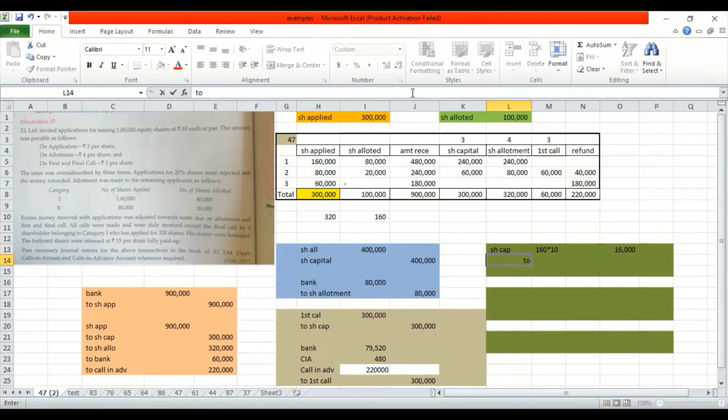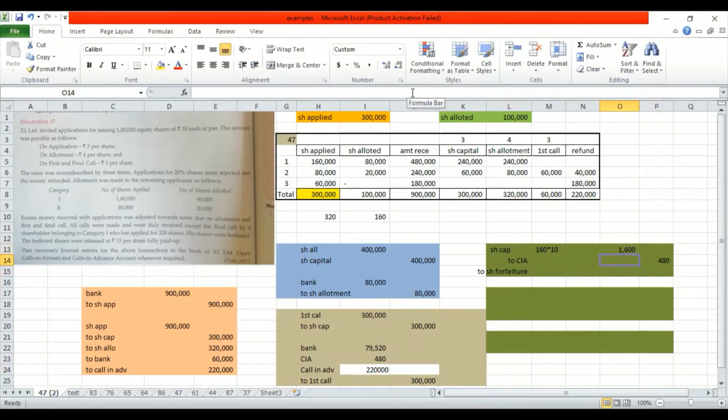To call in arrears. What is the call in arrears we found for this person? 480. To share forfeiture. Now this is one figure which many students do as a balancing figure, 16,000 minus 480. But I always suggest to understand and do it by yourself. Now how do we understand that? What is the amount he has paid?